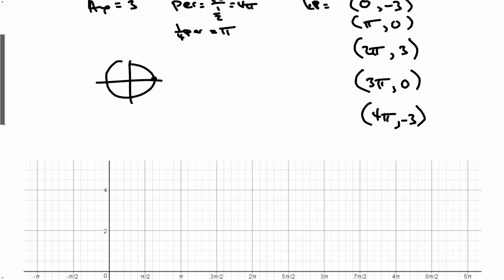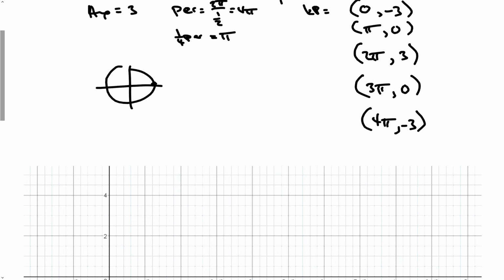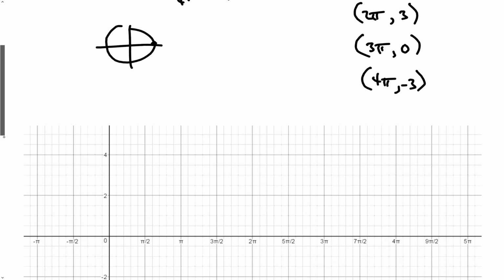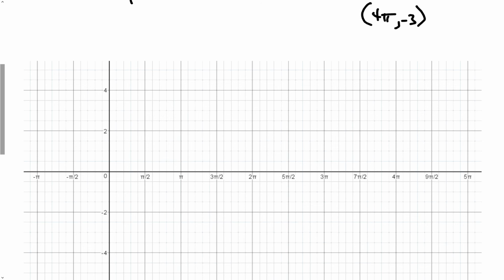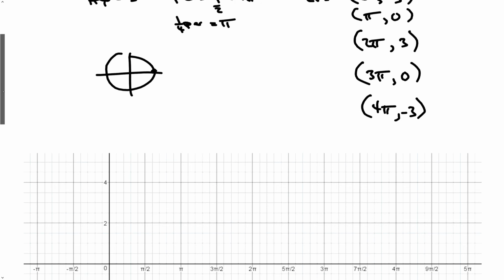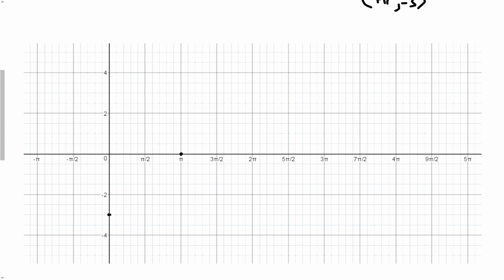Okay, so let's graph this with a dotted line. So I'm going to start at 0, -3. That's right there. Then I'm going to go pi, 0. 2 pi is going to be a +3. 3 pi, 0. 4 pi, -3.